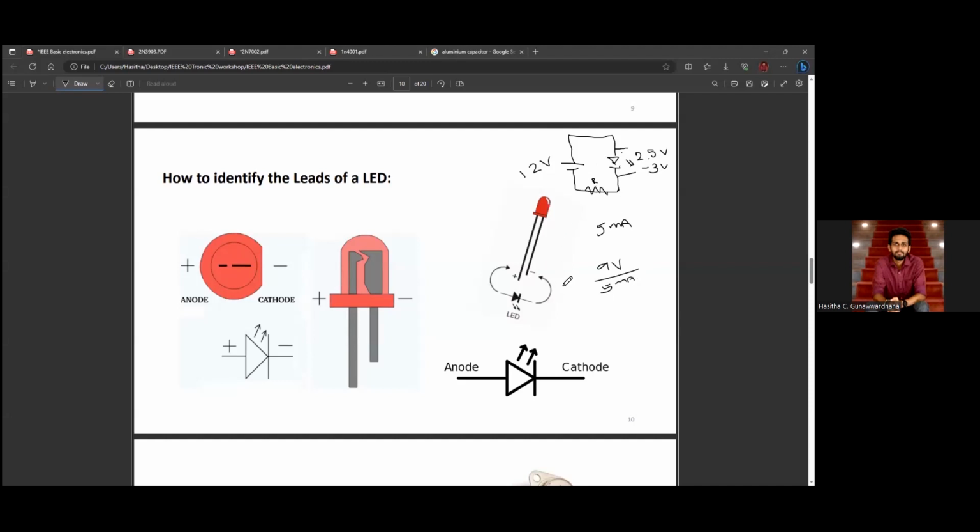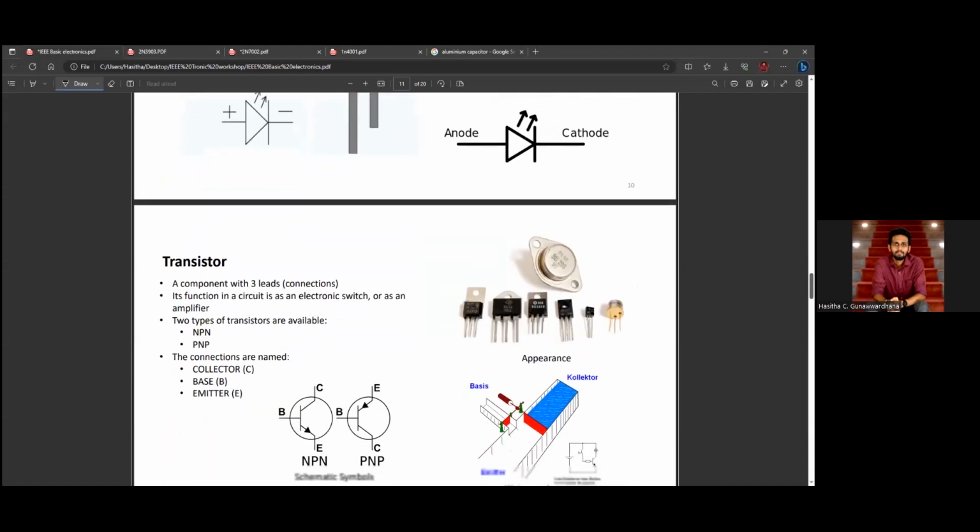Then that is the required R value for your resistor. I think you know about Ohm's law. This is one new use of Ohm's law: this is voltage, this is current, so we can get the required R value for a resistor. Then we move on.